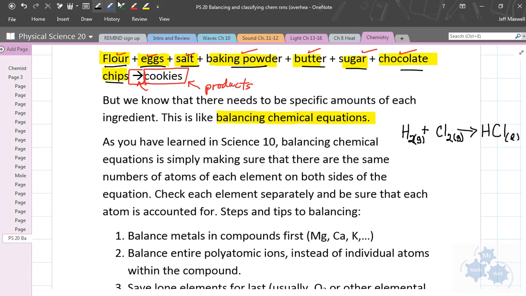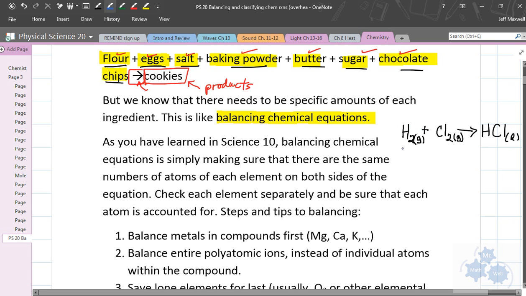The point was the balancing part, okay? So how many hydrogens do I have on this side of the equation? There's 2, because of the subscript there, that means there's 2 hydrogens on this side. How many hydrogens do I have in total on this side? I have 1. So that's an imbalance right now.